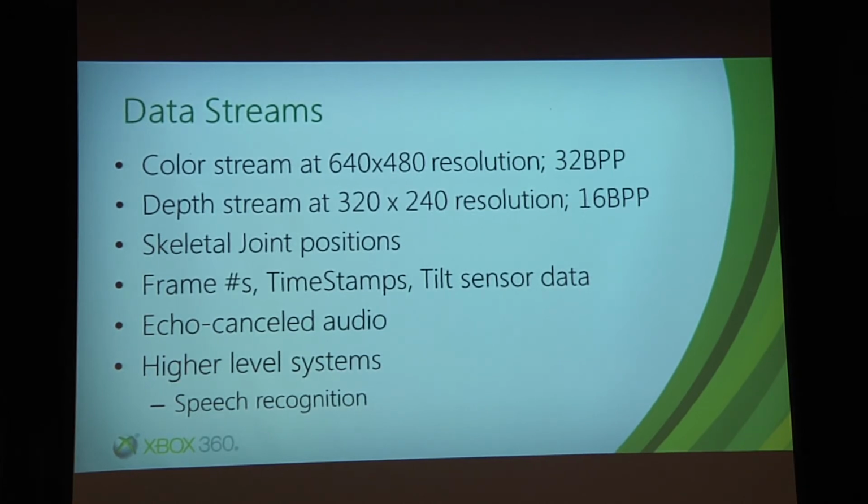If all you're doing is something like a chat application, it really doesn't matter. 10 to 12 frames is still pretty good. But if you're doing something with near real-time video, then you probably need 30 frames a second, and so 640 by 480 is the range. Similarly, the depth stream is a 320 by 240 resolution. I also said that you can actually pull an 80 by 60 frame.